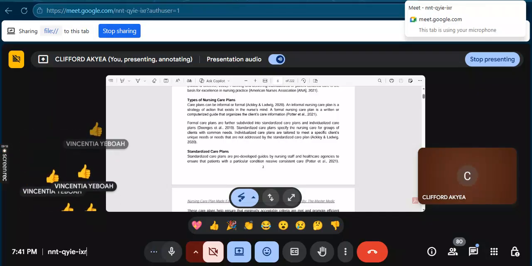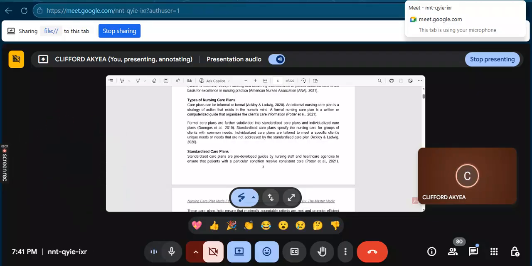Now, the formal one, let's come to the formal one. A formal nursing care plan is a written or computerized guide that organizes the client's care information. So this one is a well-organized one. It's a formal one that you need to go according to that, step by step, to make sure that this patient gets well.